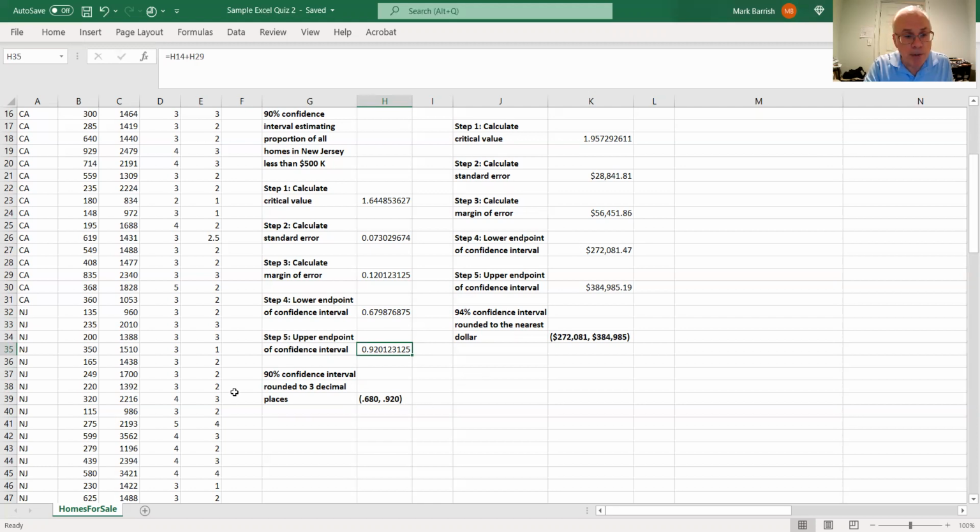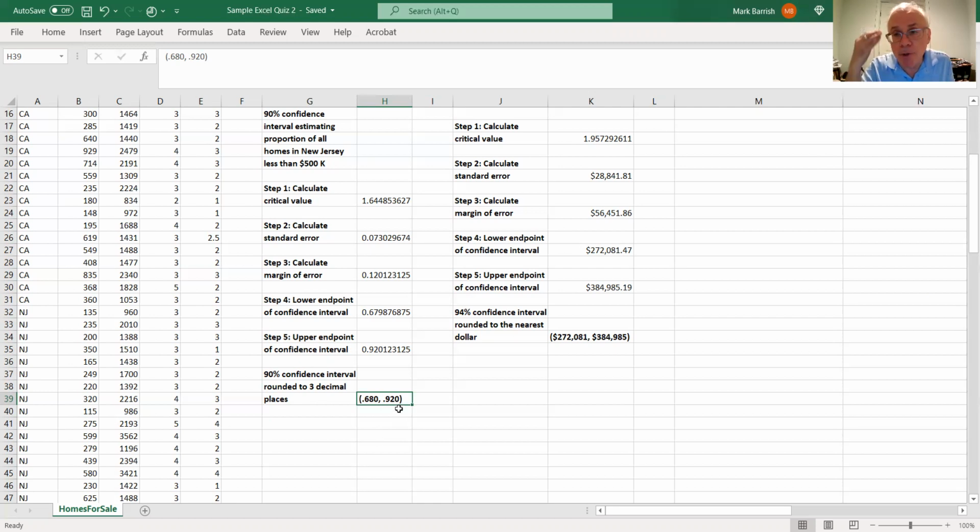And then you're going to summarize it down here. This is important. You need to do this too. You're going to actually type in the correct confidence interval. I'll tell you how many decimal places to round each endpoint to. In this case, 3 decimal places. And because this is not an actual formula in here, you're actually just typing in, opening up a set of parentheses, just typing things in. It's just text, really, not a formula.